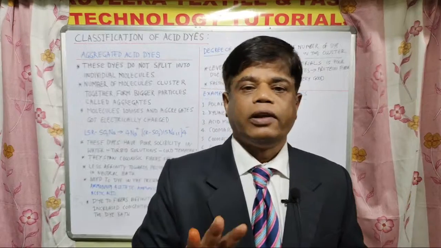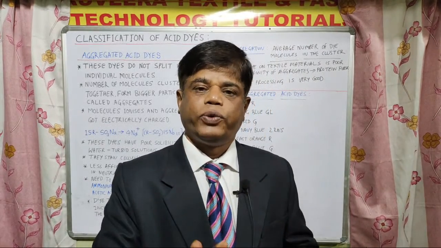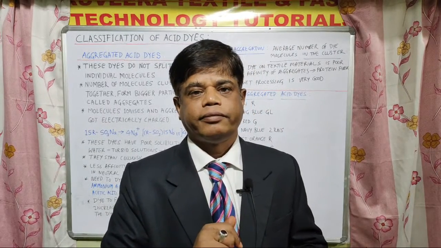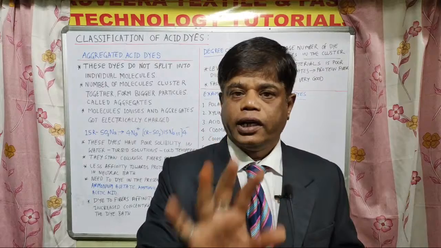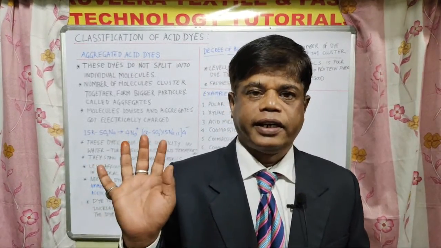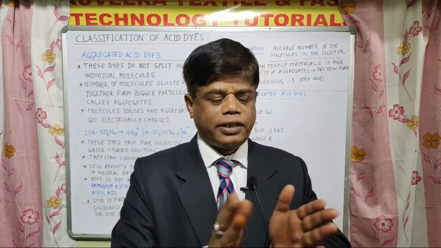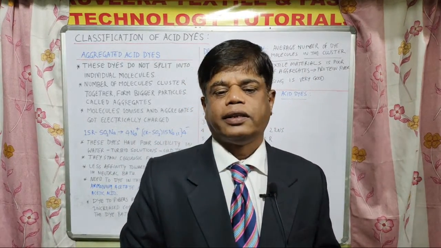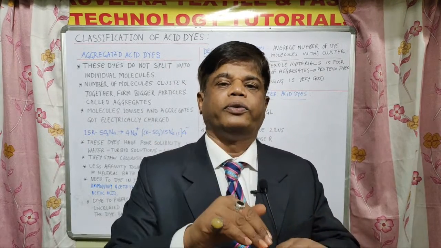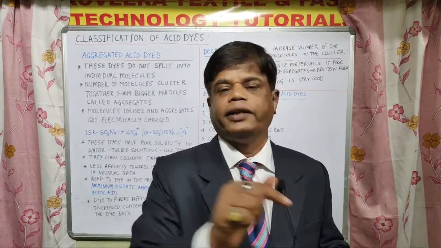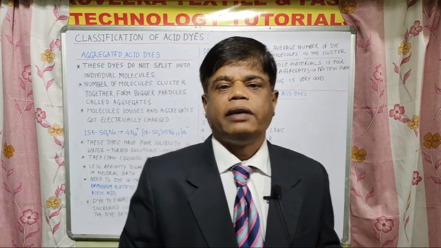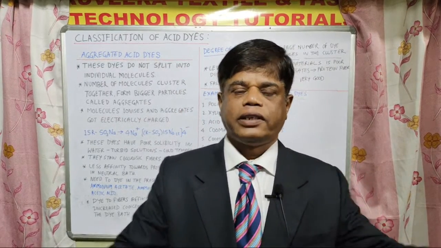Stain means it does not have affinity towards cellulosic cotton, linen, hemp or jute. The particles are big clusters, so there is no chance of molecules entering the fiber structure. So staining will happen. It will rest on the surface of the fabric only.